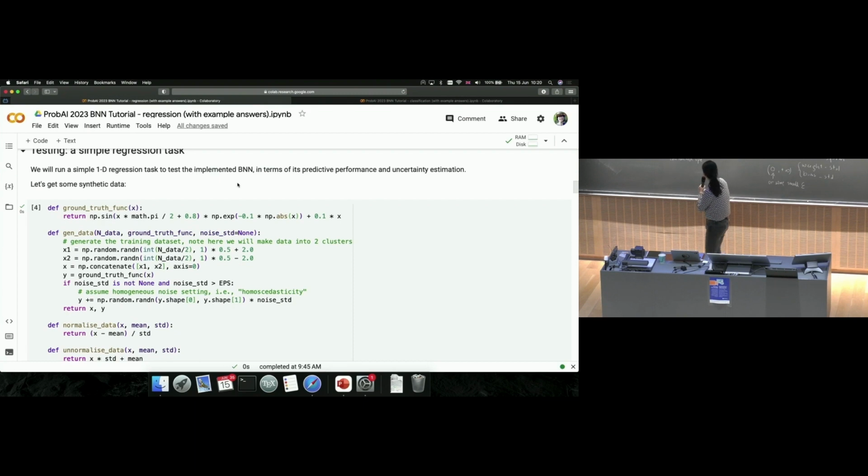Okay, you want to minimize over the Q distribution, subject to a constraint. So these two problems are equivalent.